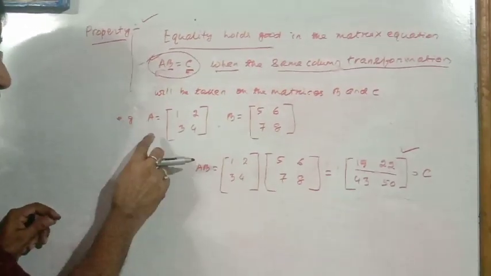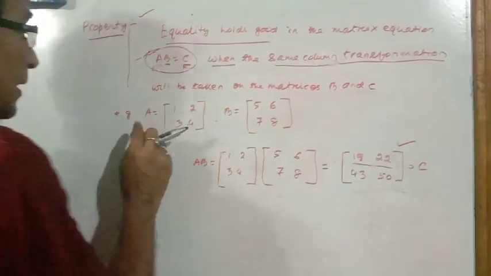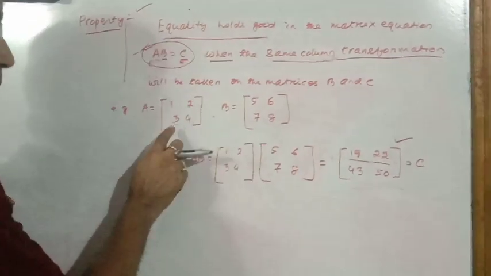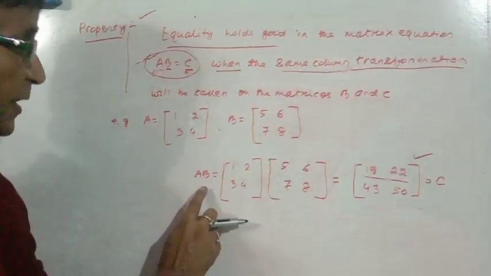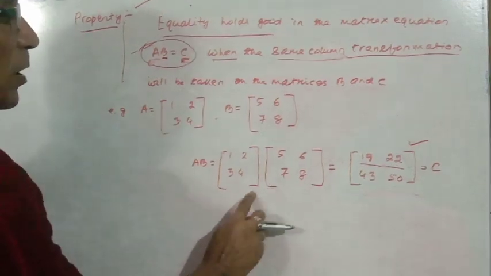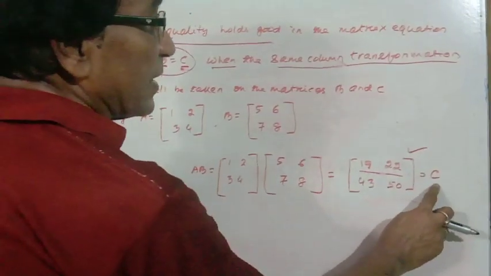For example, we will take the same example, A is equal to this matrix, B is equal to this matrix, then the product AB of these two is equal to this, which is the C matrix.